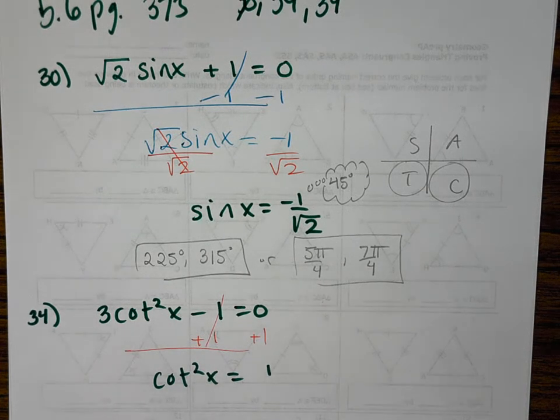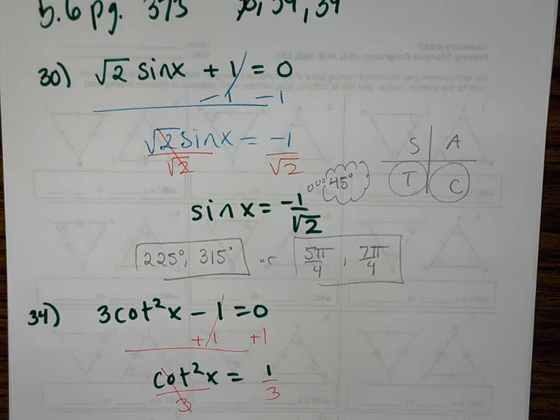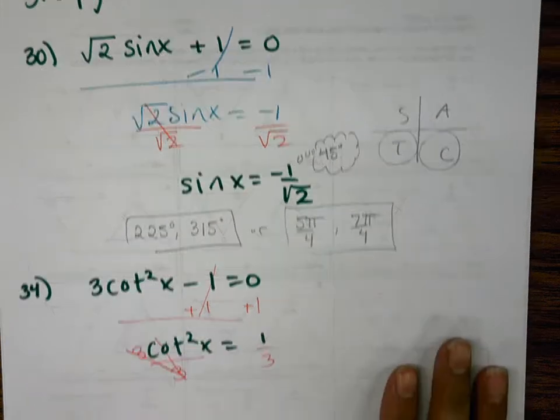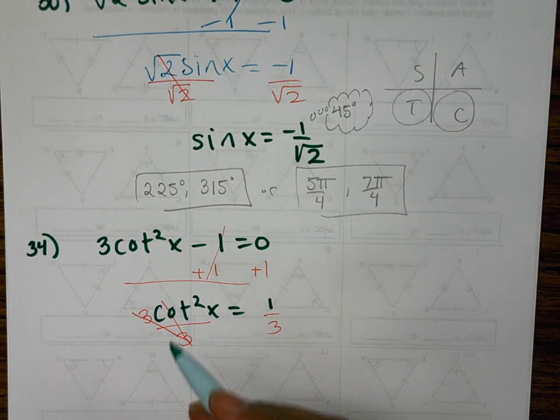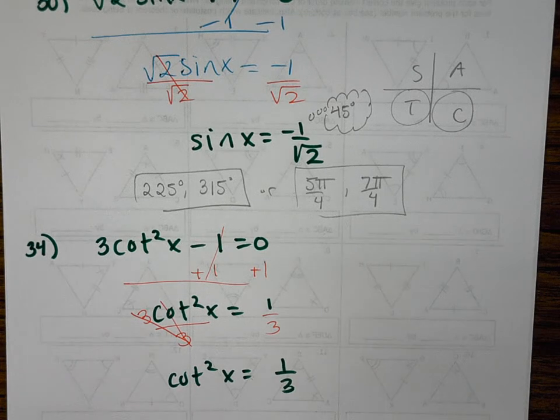Then I'm going to divide by the 3. And I divided the 3 prematurely. There should be a 3 here, and that's the piece I'm crossing out. Sorry, going too fast. All right, so cotangent squared x is still there, equals 1/3.